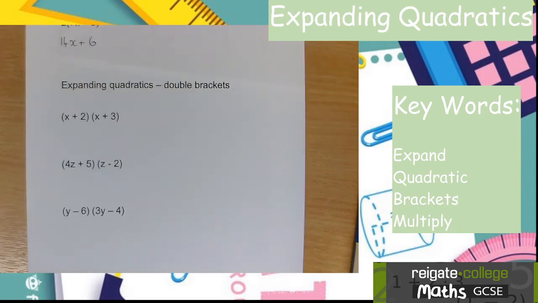Now we're going to look at expanding 2 sets of brackets, and once we've expanded them, we'll have a quadratic expression, which means we'll have an expression that starts off x squared. So when we're expanding 2 brackets, the first thing to remember is we need to be able to multiply everything in the first bracket by everything in the second bracket.